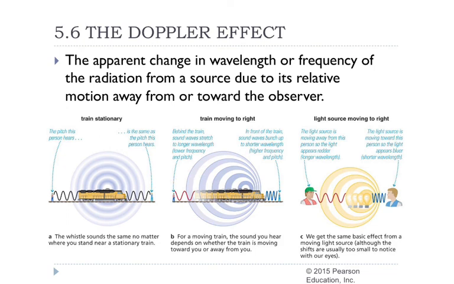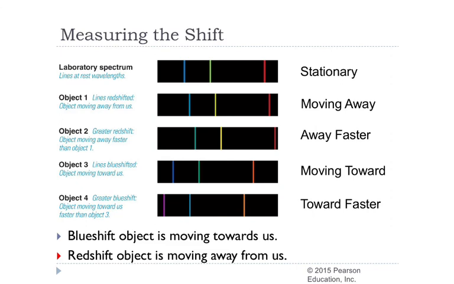So the same thing happens with the spectrum. So if we look at something like hydrogen, when it's stationary, these specific lines here should be at specific wavelengths. But what happens when we actually observe them is we see that all of them get shifted over slightly towards the red.